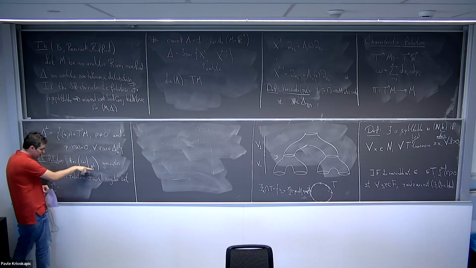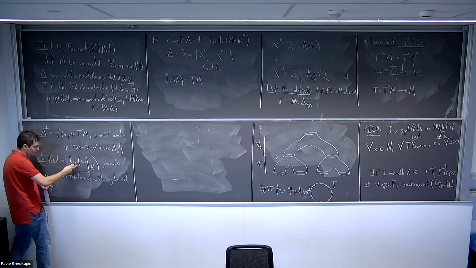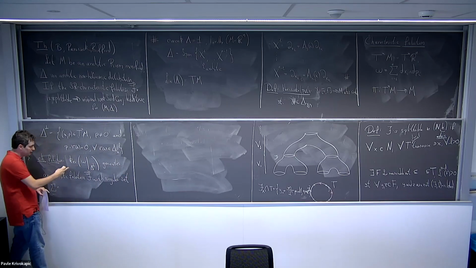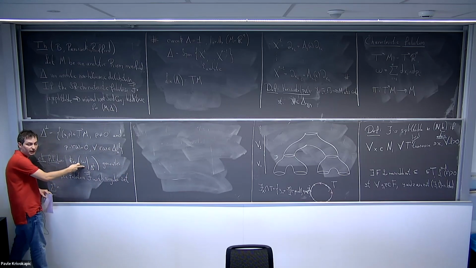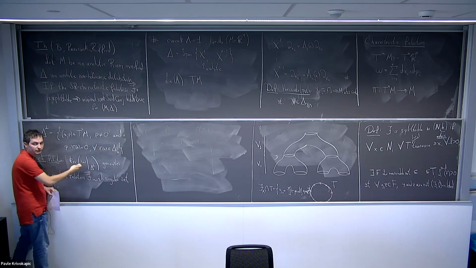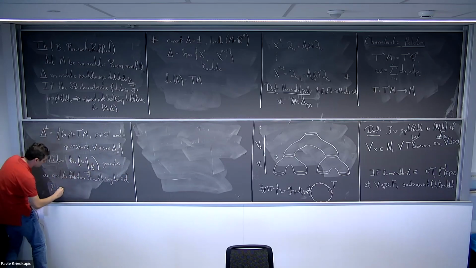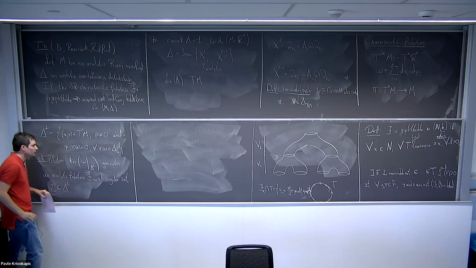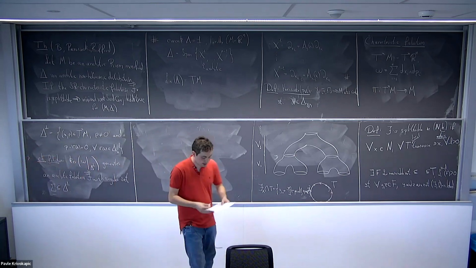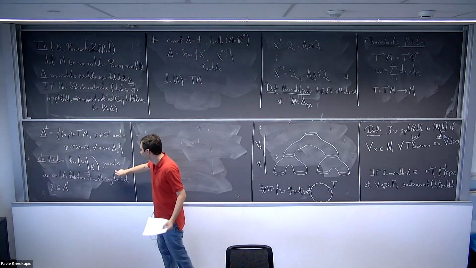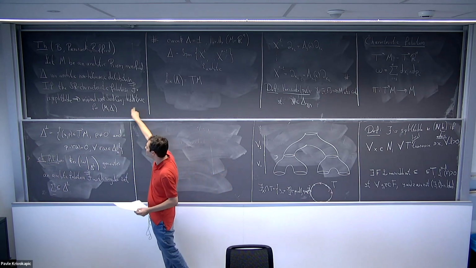There is a big open dense set where this kernel has constant rank, and then you have the points where the rank changes, and this is going to be the singular set. Singular set sigma contained in here. So this is the characteristic foliation that we were talking about in the theorem that we presented here.